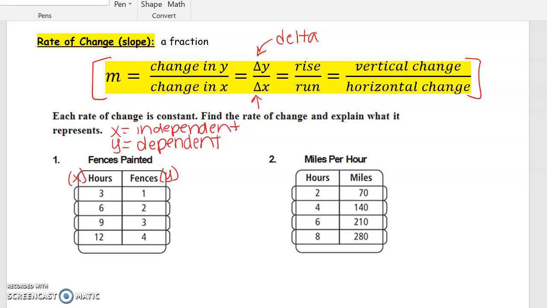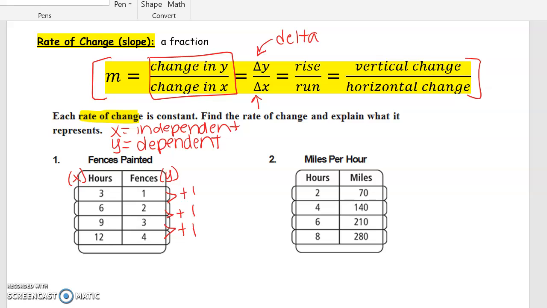In order to find the rate of change of the situation, we want to use the change in y over the change in x. So let's go down this y column and look at how our y is changing. Each time, the number of fences goes up by 1, so our change in y is plus 1.